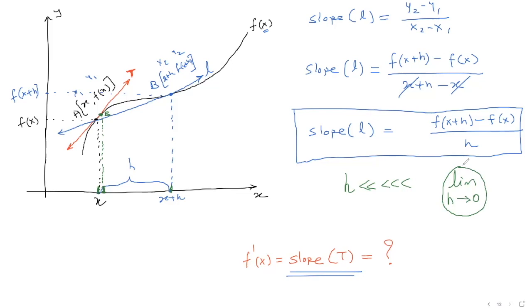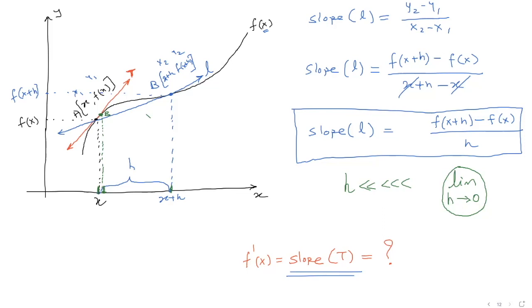If A and B are really close together, the line L and the tangent T are one and the same thing. Look, AB is that line L, so that blue line will be exactly like the tangent. I hope you get what I'm saying. Whenever you apply this concept of limit and say h approaches 0, or h is very small, you get the slope of the tangent.